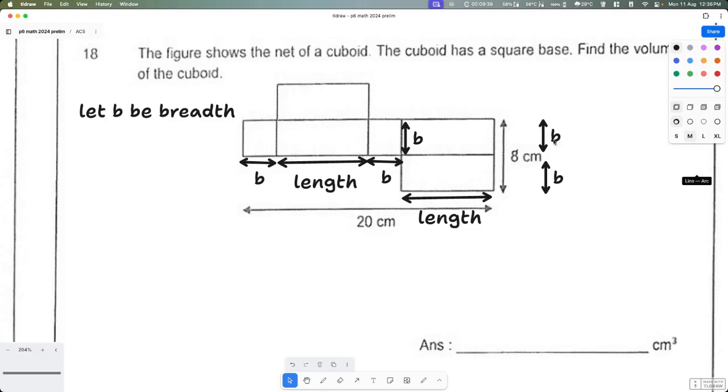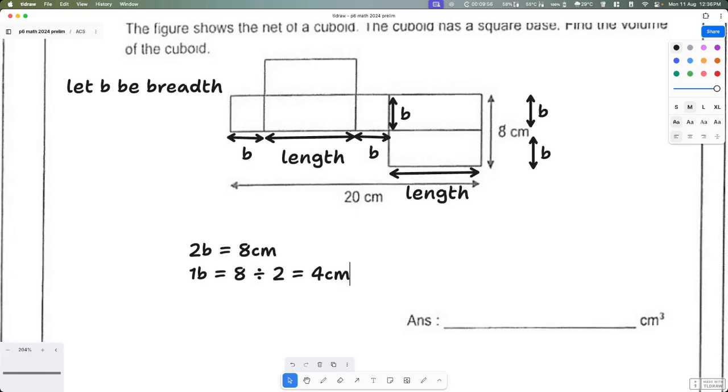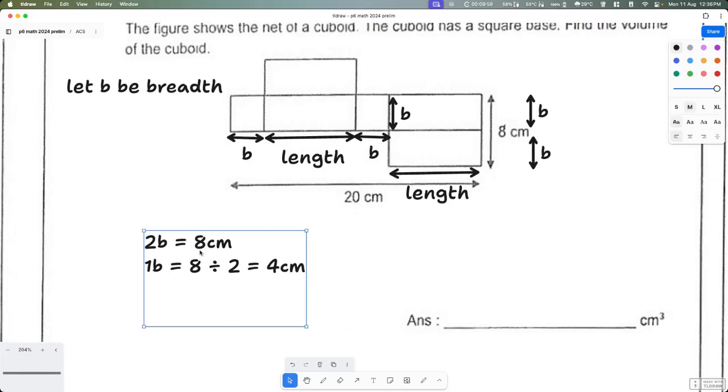So from here, 2B is equal to 8 centimeters, so 1B is equal to 8 divided by 2, which will become 4 centimeters. Then we want to get the length as well.